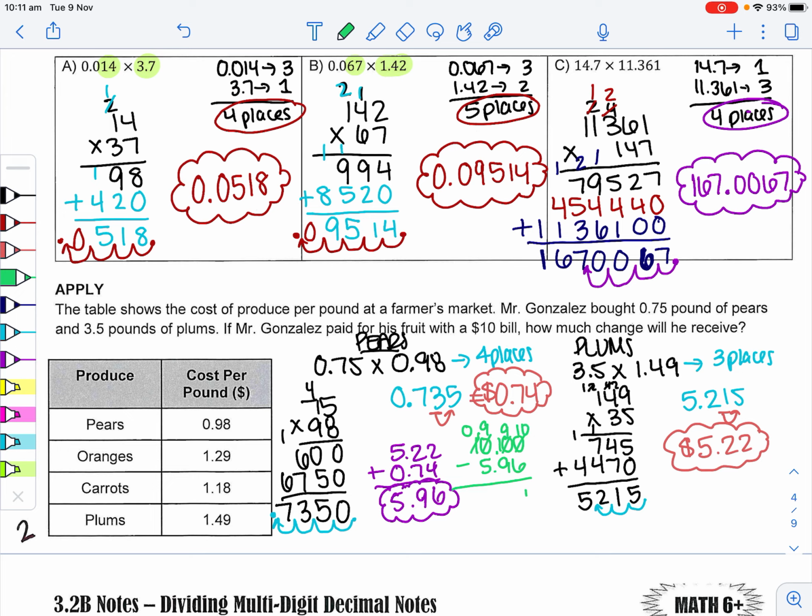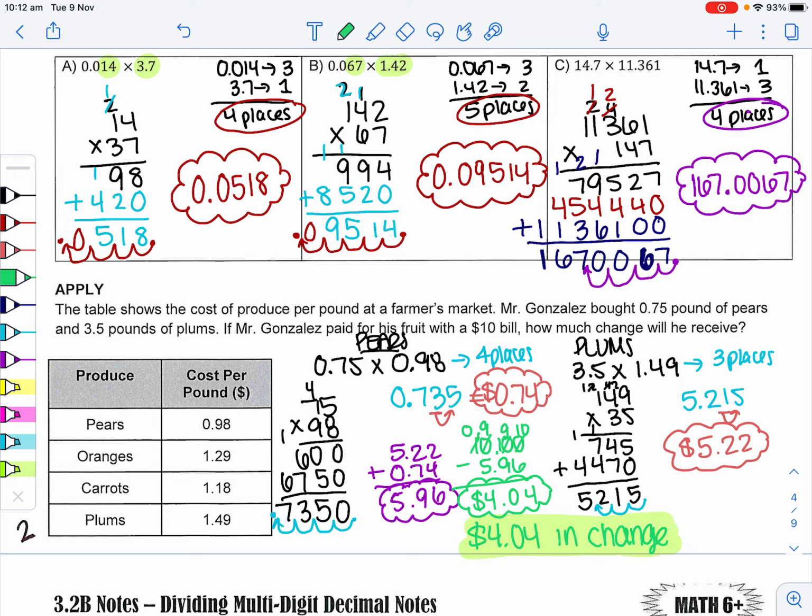So 10 minus 6 is 4, 9 minus 9 is 0, and 9 minus 5 is 4. So he will receive $4.04 back. So $4.04 in change. And we'll highlight that so we know that's the answer.